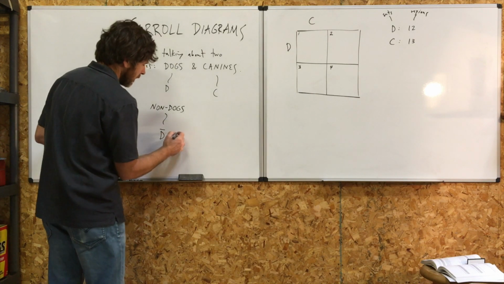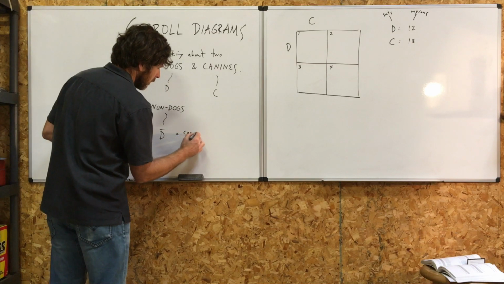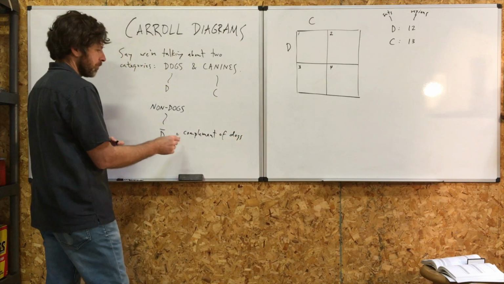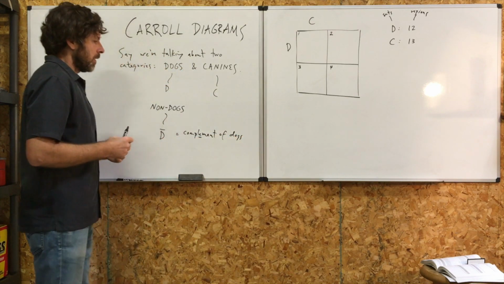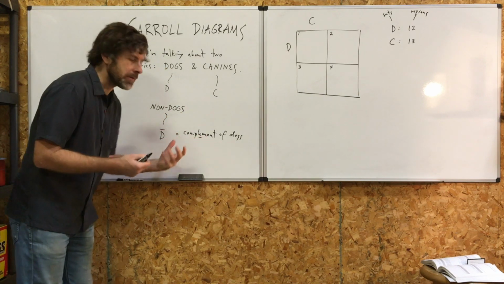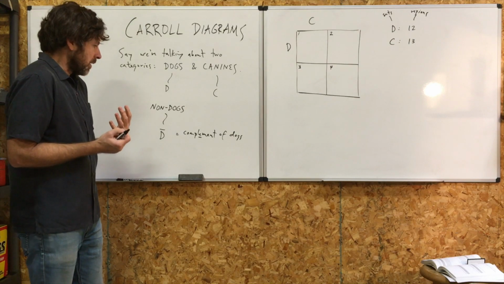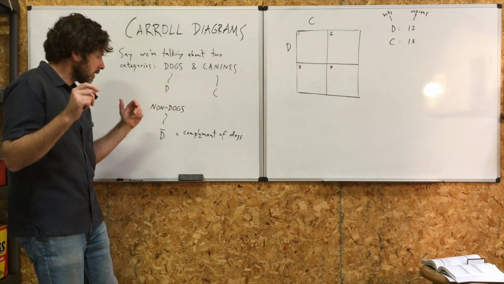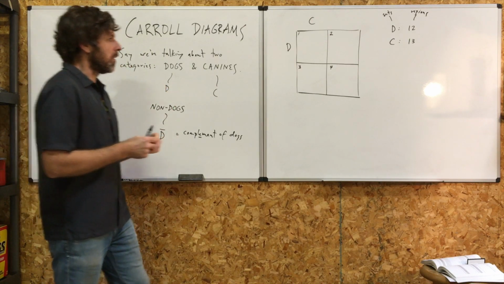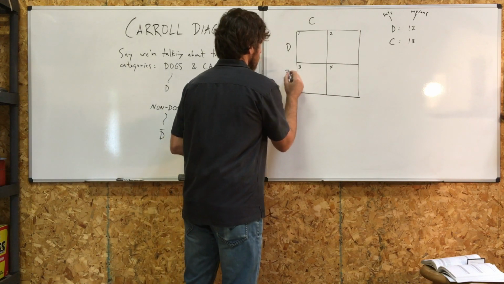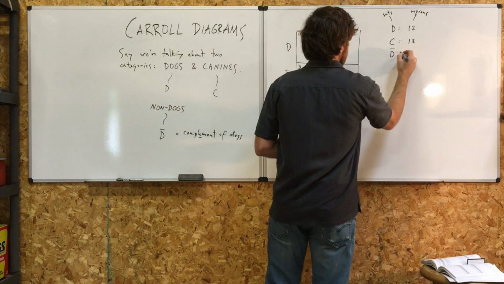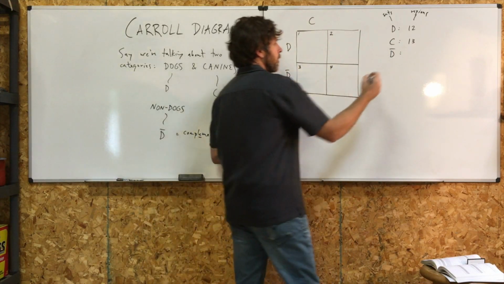This line over it means the complement of dogs. Anything that is not a dog would be in its complement. I don't think I'm a dog, so I'm part of the complement category of dogs, non-D. Let's represent non-dogs with regions 3 and 4.